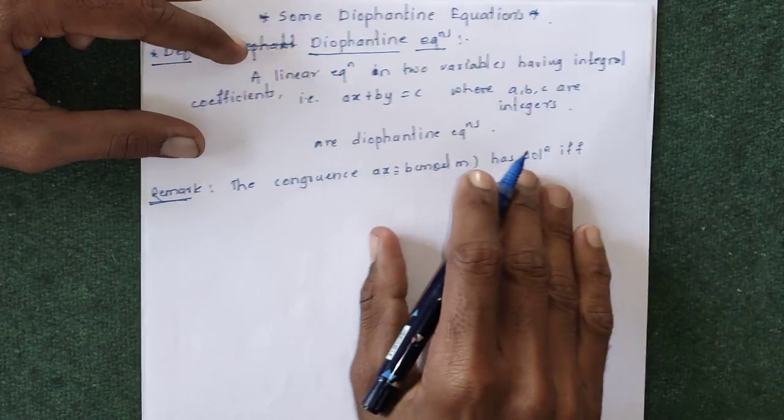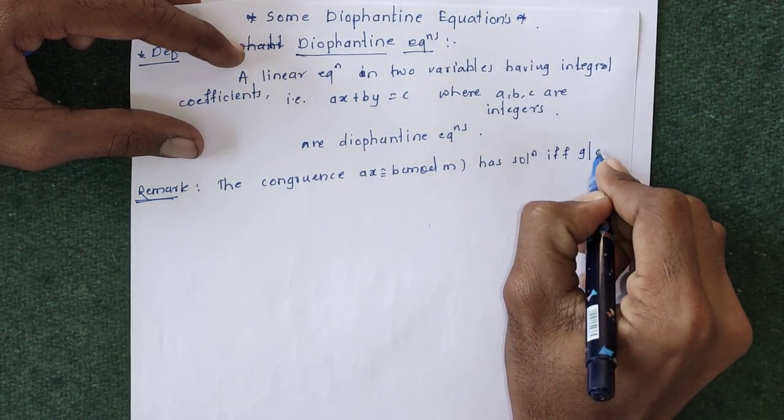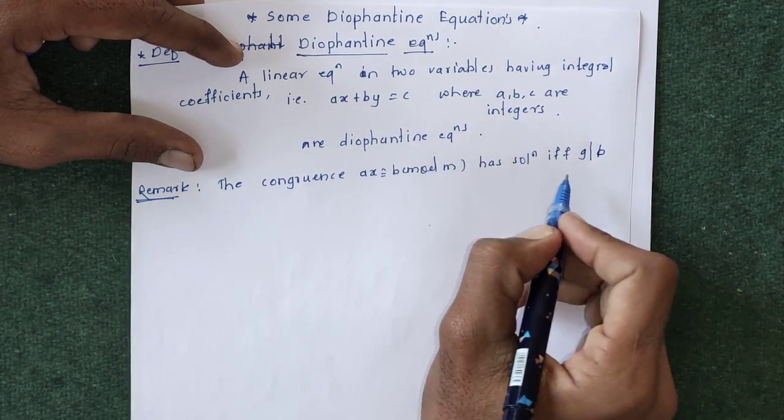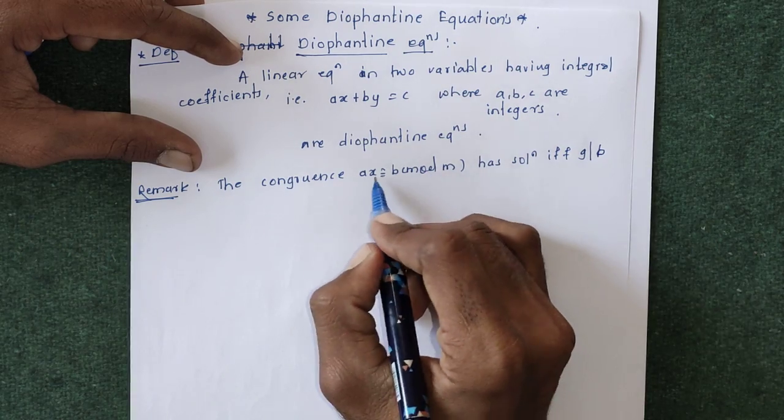Suppose g divides b, where g is the GCD of a and m.